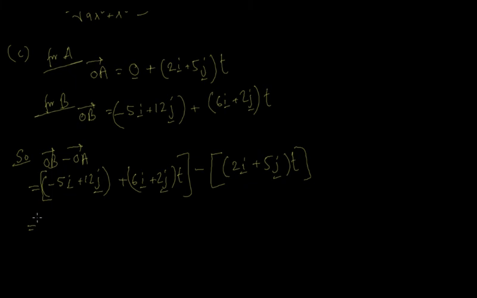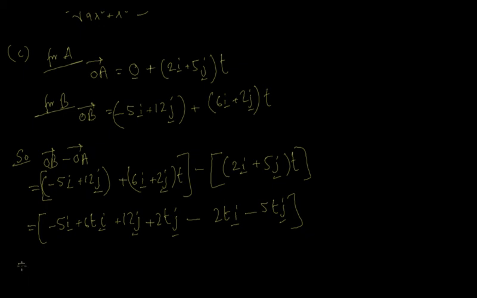If I multiply this by t, it would be minus 5i plus 6ti plus 12j plus 2tj. Now if I open the bracket, this will be minus 2ti minus 5tj. Okay, now I want to put all the i's together and all the j's together.